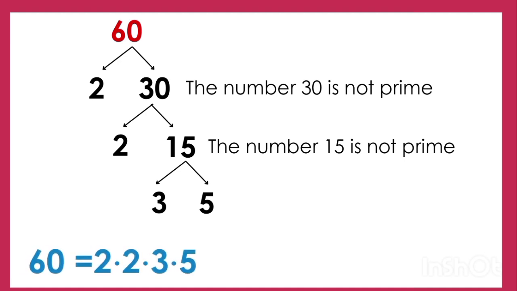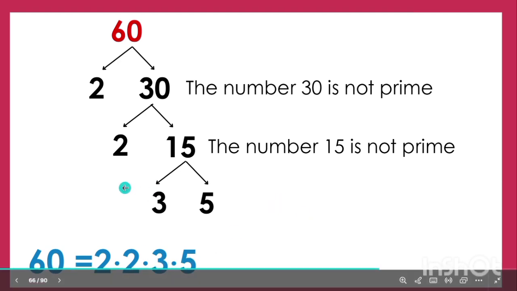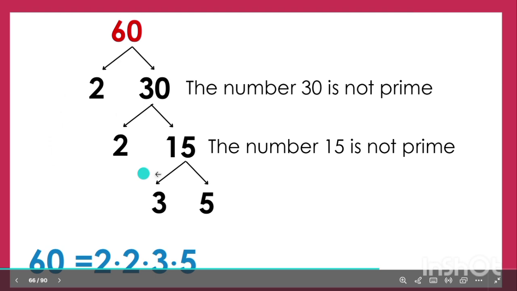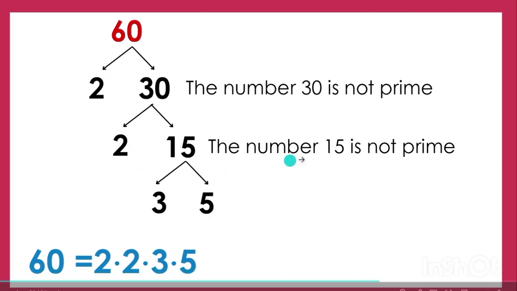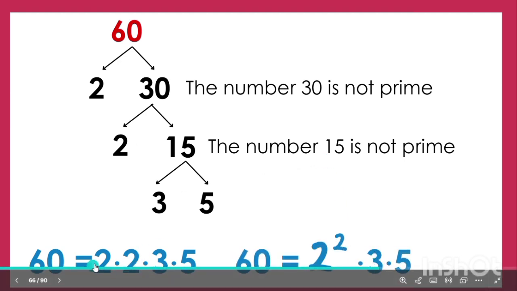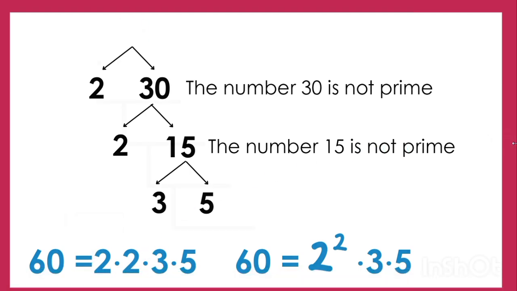Very good, it is prime, because there is no number other than itself and 1 that divides it. So the prime numbers are 2, 2, 3, 5. So we have 2 times 2 times 3 times 5, but we can represent it using exponents, like 2 squared times 3 times 5. 2 squared because 2 appears 2 times. Okay? Are we clear?